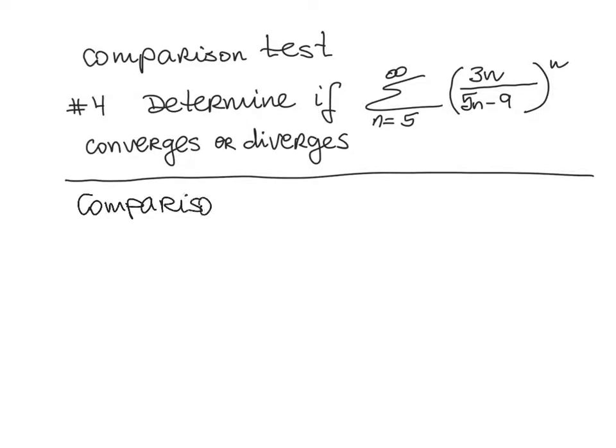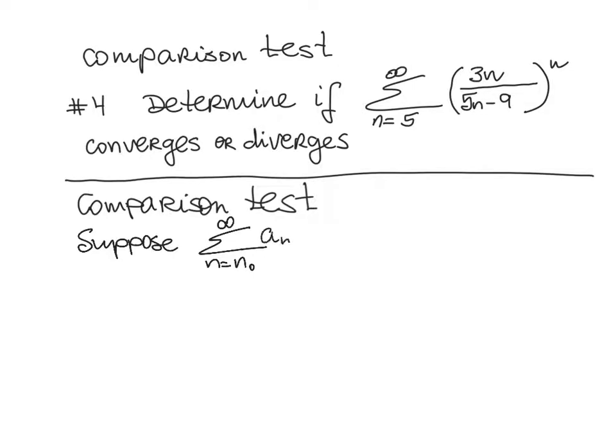So here I'm going to write the comparison test. There are two parts to it, but this is the part we're going to need. So suppose that we have two series, and they start at some number n sub naught, which could be 1, which could be 100.